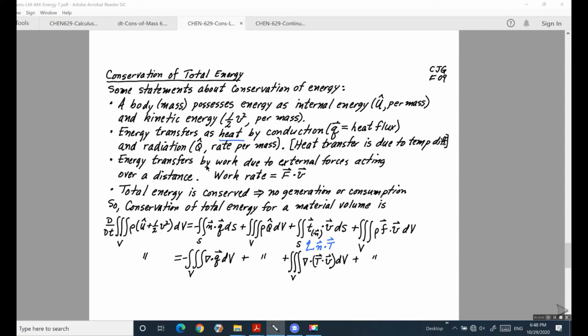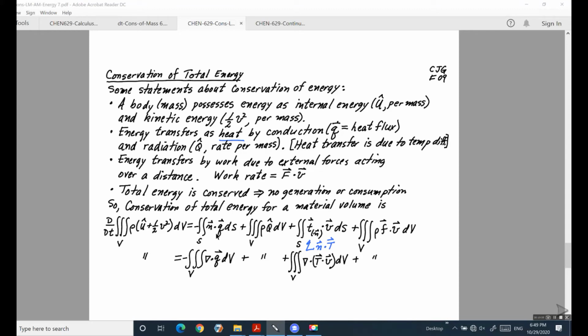And energy transfer by work, due to an external force acting over a distance, is given by the work rate. So total energy is conserved, with no generation or consumption of mass. So the conservation of total energy for a material volume can be written by this form. This time we write rho times the internal energy plus, in here, the kinetic energy and so on.